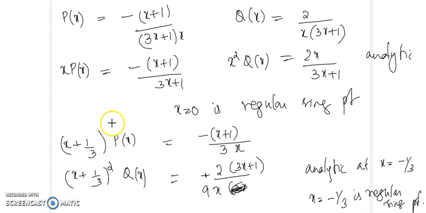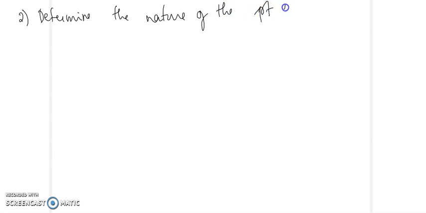And now let us look at one more question. Determine the nature of the point x equal to 0 for the following equations.